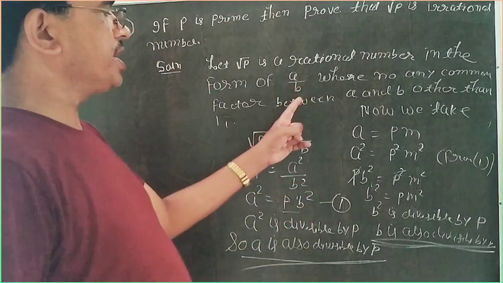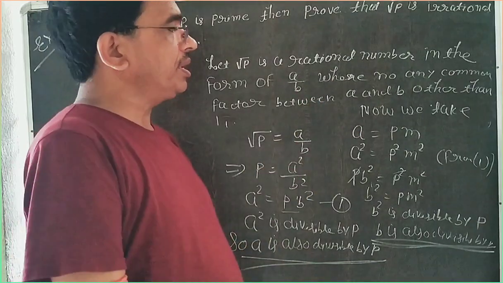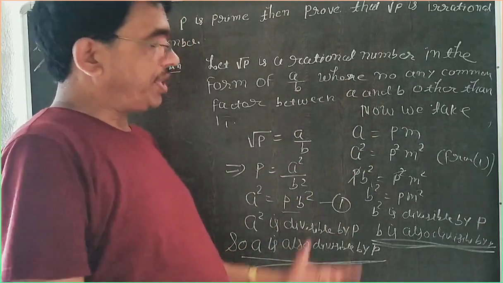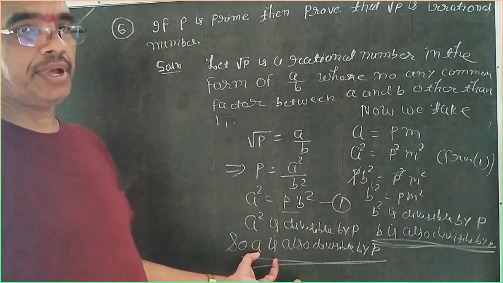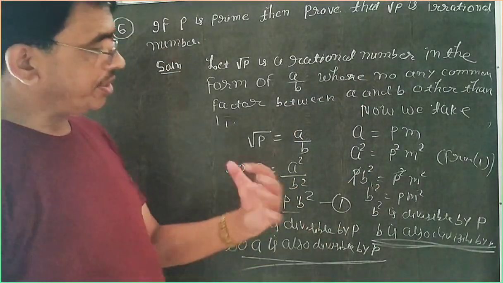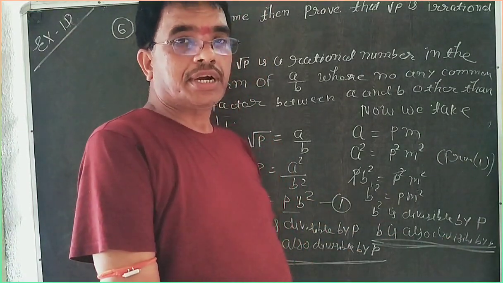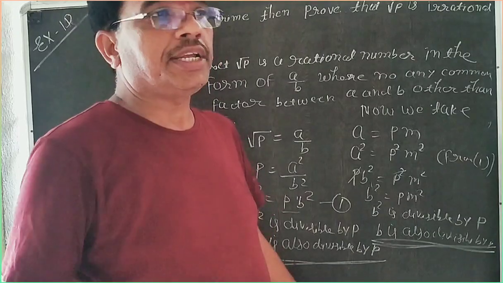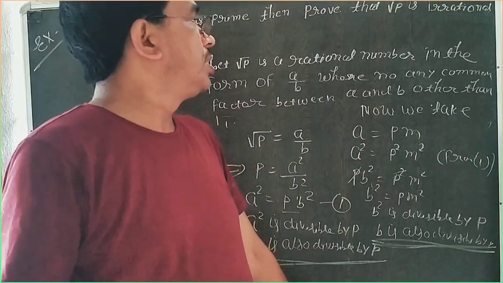But your condition is that a and b have no common factor other than 1. But here is a contradiction. A is divisible by p, and also b is divisible by p. So it is a contradiction. So now we write: it is a contradiction, our supposition is wrong.